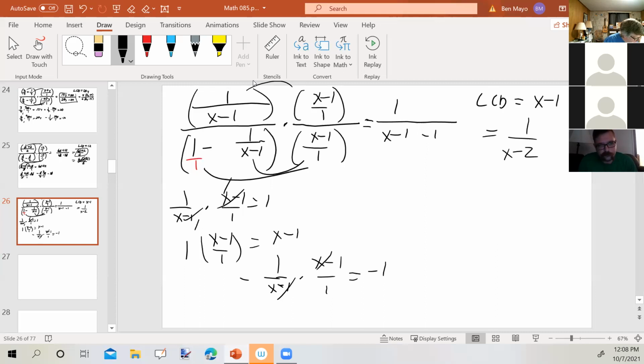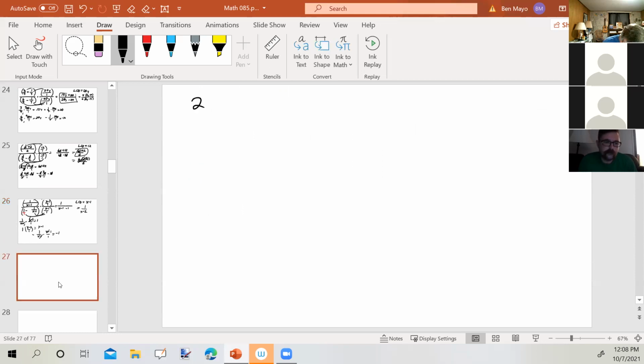Let's see here. How about this one? 21 over 8g cubed divided by negative 35 over 16g to the 8th power. So this one is a single fraction over a single fraction.